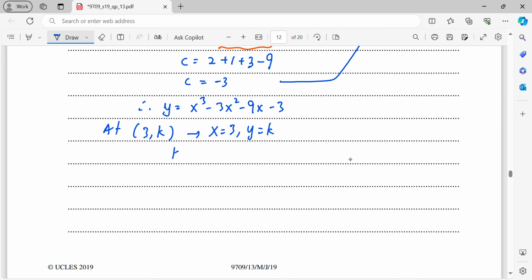So I will get k equals 3 cubed minus 3 times 3 squared minus 9 times 3 minus 3. So this is 27 minus 27 minus 27 minus 3. That is minus 30. Okay, so done for the question.